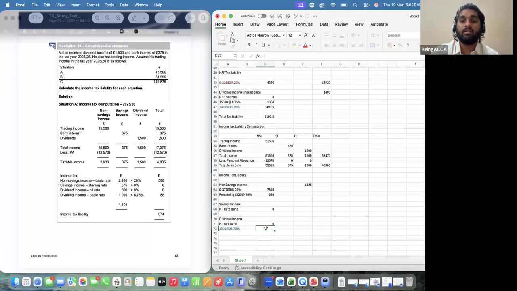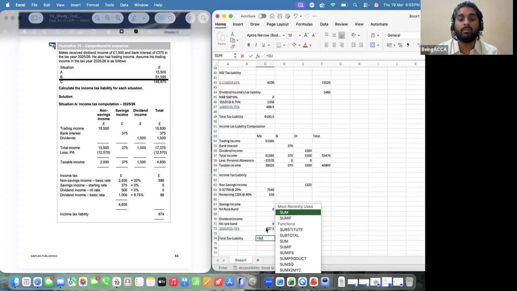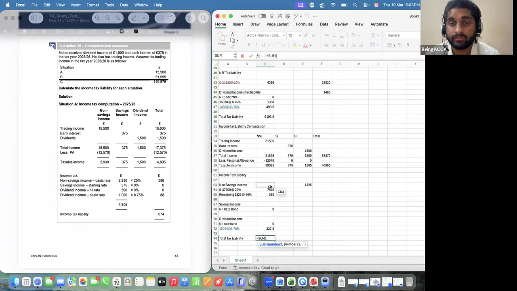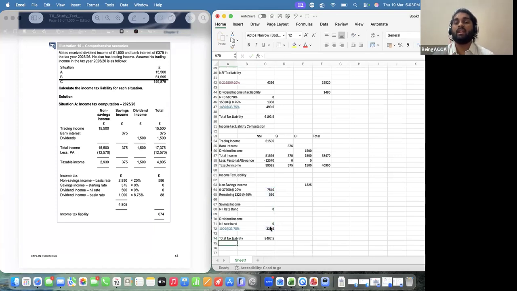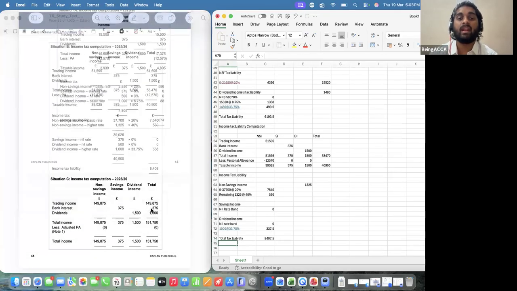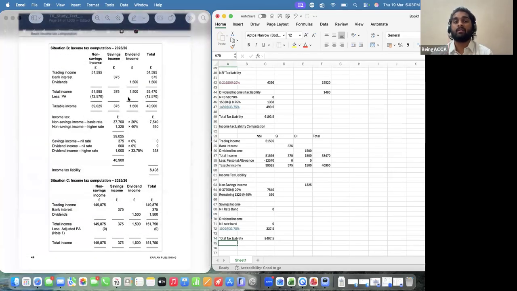So now that would mean 1000 into 33.75%, making the total tax liability equal to the sum of all of these, giving us 8407.5 or 8408. And that is how you should calculate your question. This is your answer here.